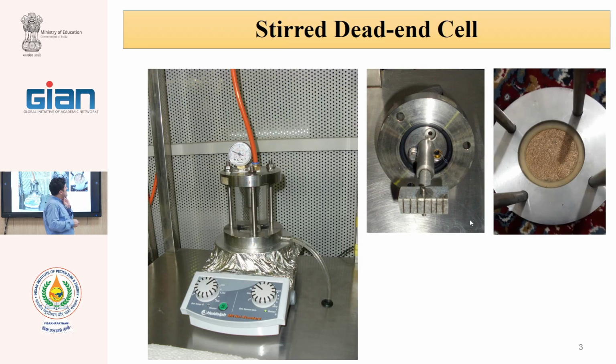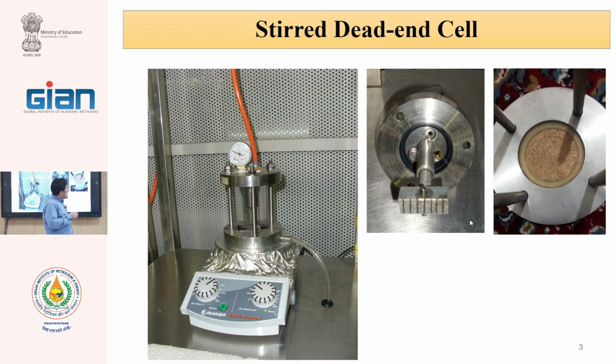This is a general cell. We have a pressure gauge for showing how much pressure is applied, and we have a tube for the entrance of the feed. This is connected to another tank, which usually has a volume of 100 to 300 milliliters.